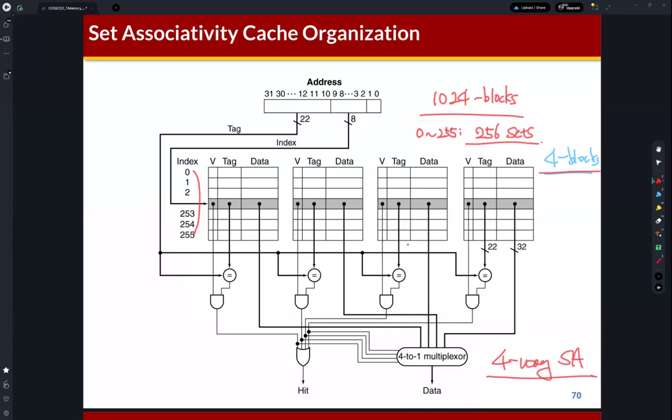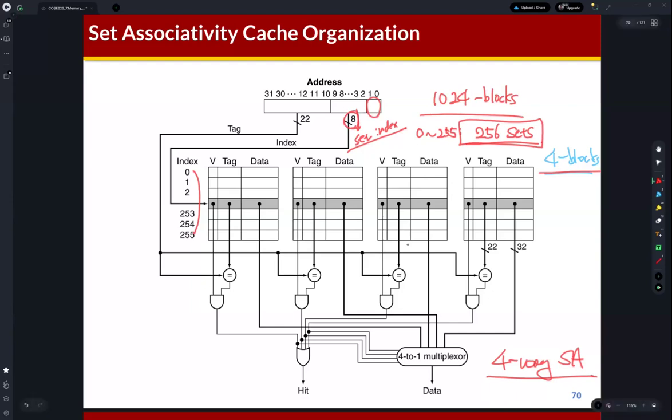So this is the byte offset. What is this? This is the set index field. Because there are 256 sets in this cache, how many bits are in the set index field? There are 8 bits, right?